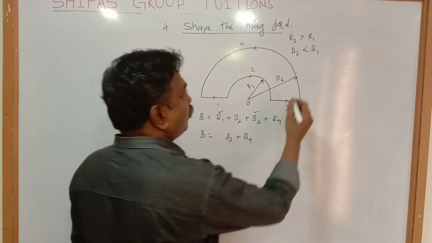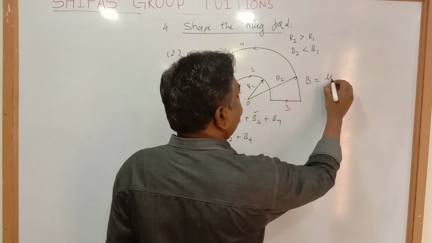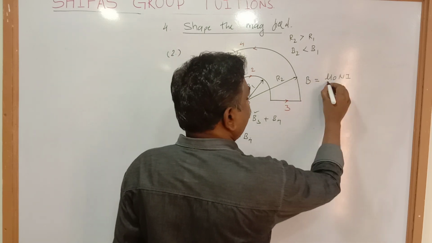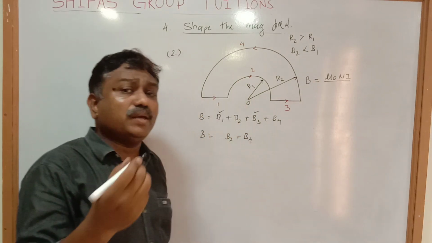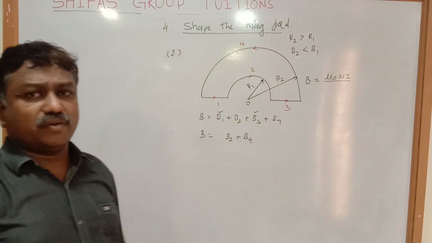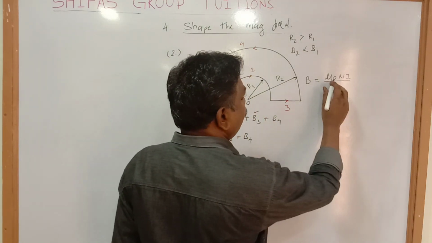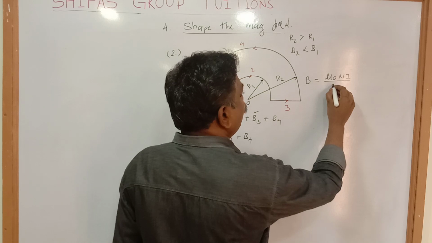And in the last shape we learned the formula mu naught Ni. You know why I am writing N? Because sometimes in MCQs they ask what happens if the number of turns of the coil is increased. So naturally we take the formula mu naught Ni upon 2A.